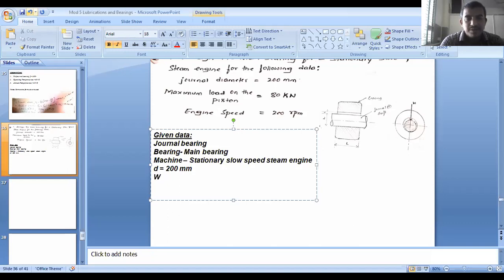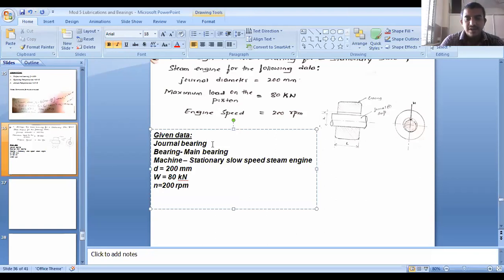That is capital W, 80 kilonewton. Then engine speed, check the unit here. It is given as 200 revolutions per minute, represented as N.